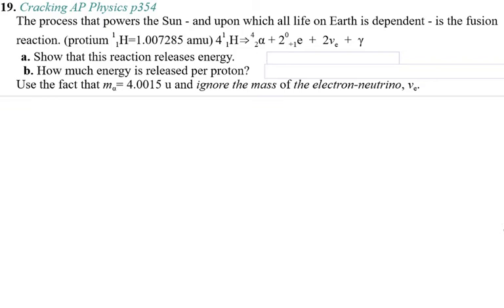So we're going to look at the mass defect in this problem. What we need is to find the mass difference between the reactants and the products. So we need the mass of the 4 atoms of the protium on the left side, compare it to the mass of the alpha particle, 2 electrons and 2 neutrinos, but they say you can ignore those.